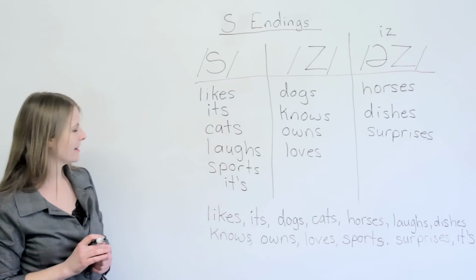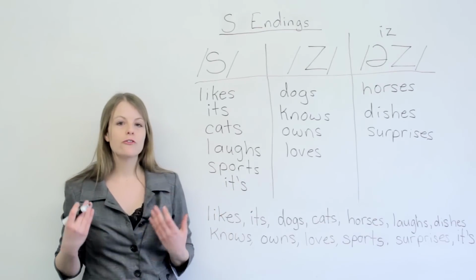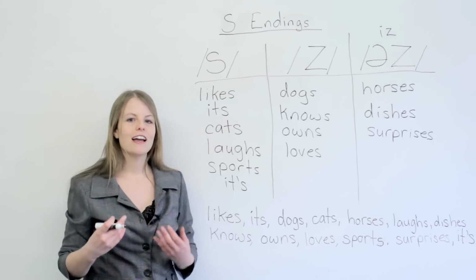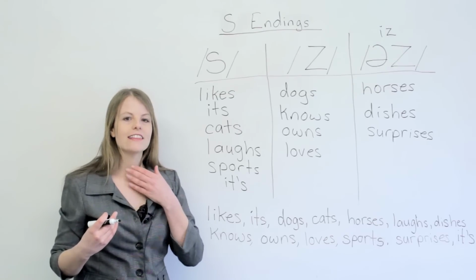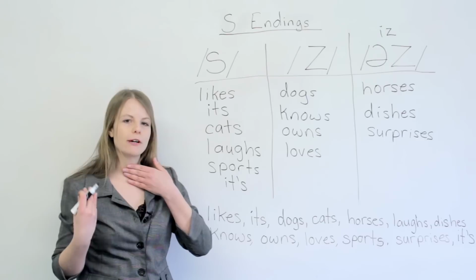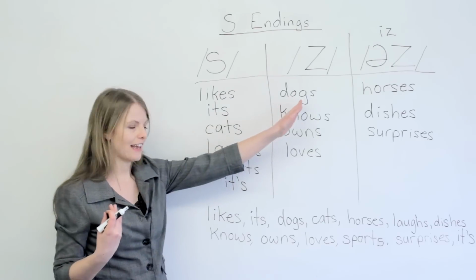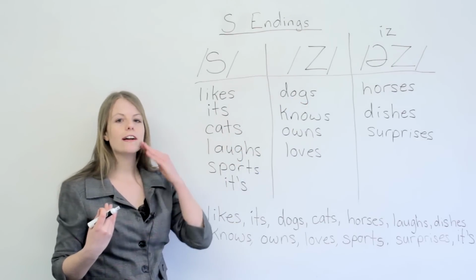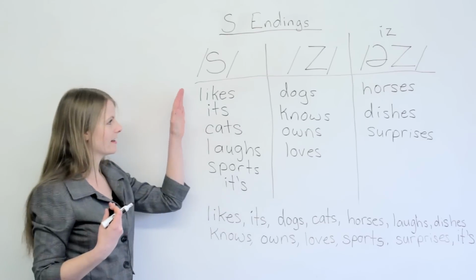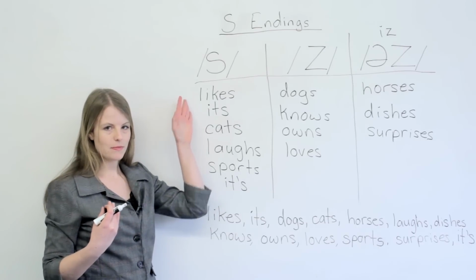Its. Okay. So I want you to repeat after me and try to focus on the sound of the vibration of your throat, if it's a Z sound, or if it comes from your mouth, if it's a S sound.